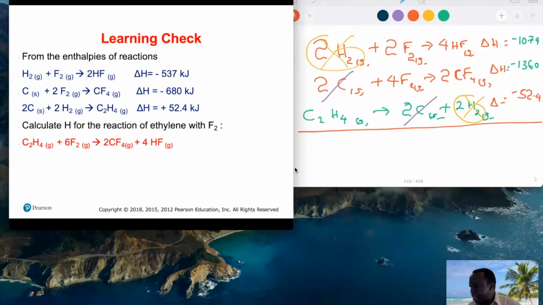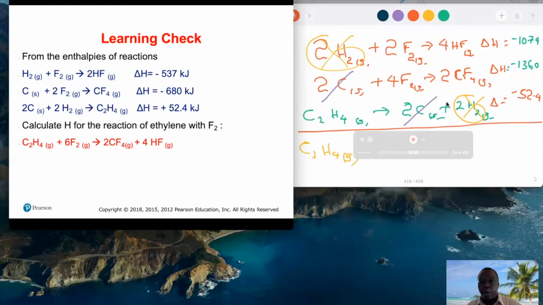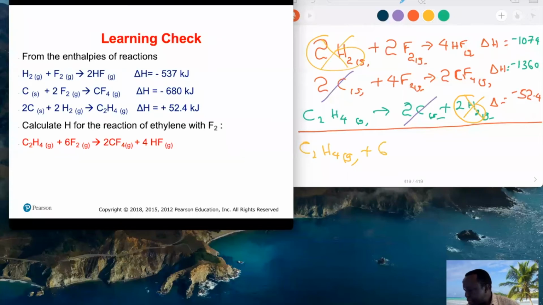And the overall equation will be C2H4 gas plus 2 plus 4, which looks exactly the same on the reactant side, and that is where the 6 is coming from. It's not coming from balancing the equation. It is just coming from the summation. Remember the basis or the definition of Hess's law is just a summation. So we are summing, not balancing. The 6 F2 is from the summation of this and that.